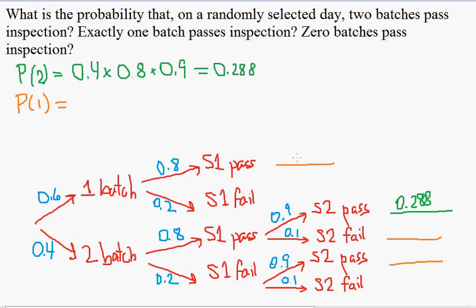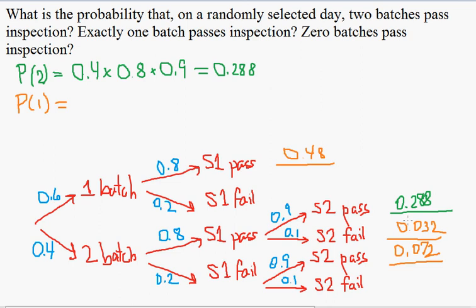So for this one, it's 0.6 times 0.8, which is 0.48. On this branch, it is 0.4 times 0.8 times 0.1, which is 0.032. And for this branch, 0.4 times 0.2 times 0.9 gives us 0.072.